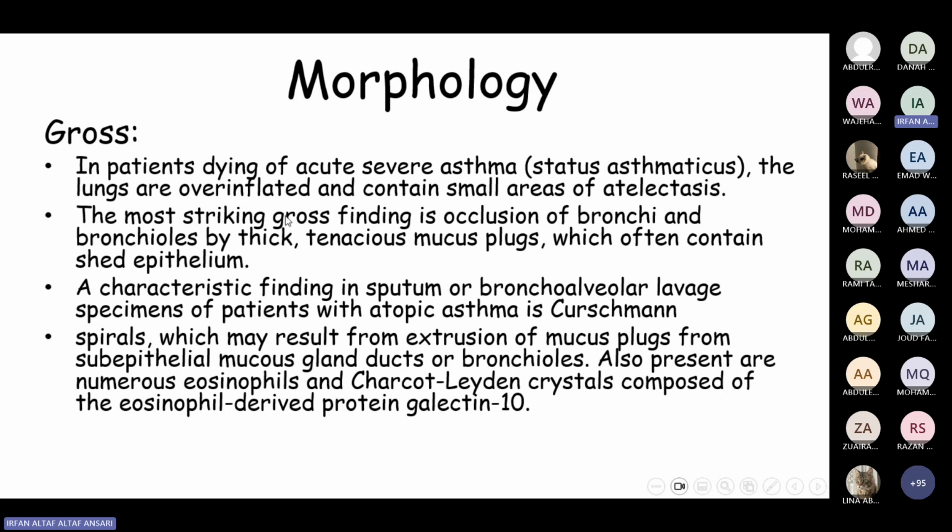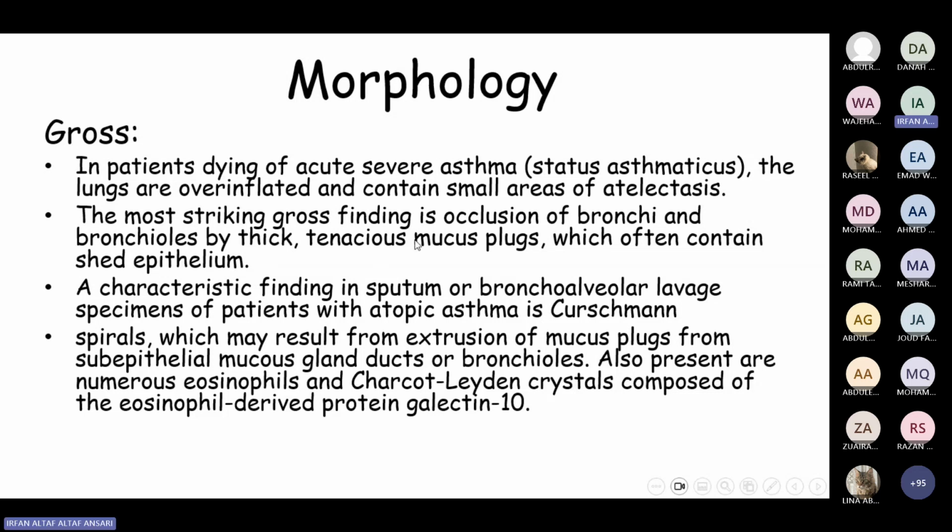The most striking gross finding is the occlusion of the bronchi. If you open the bronchi, you see they are occluded by thick, very tenacious, gelatinous mucus plugs.